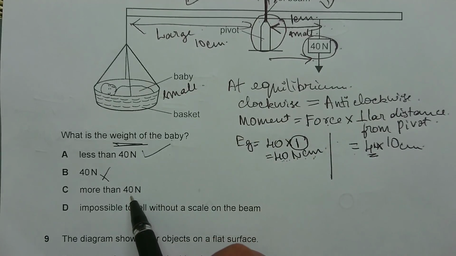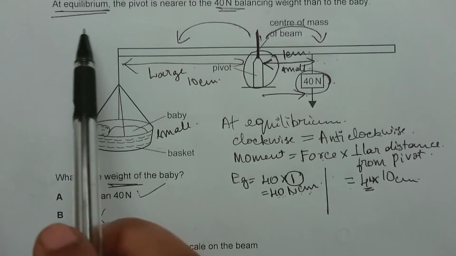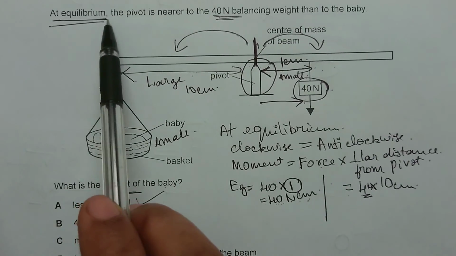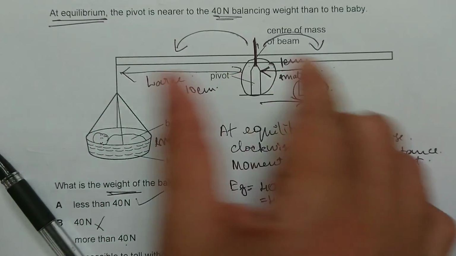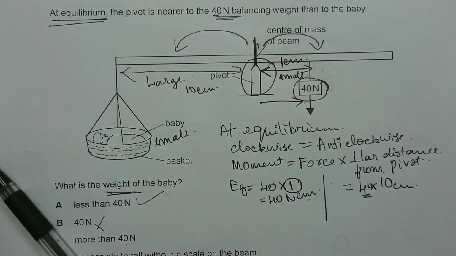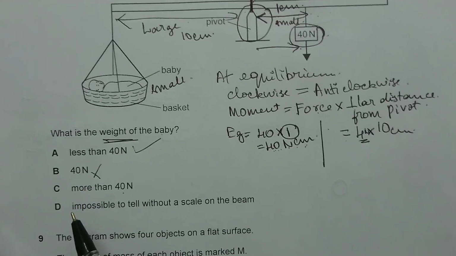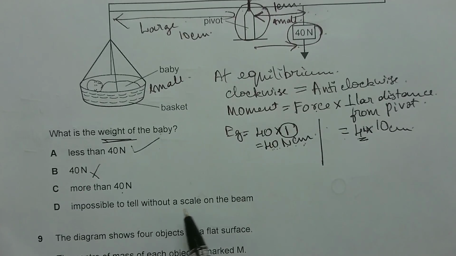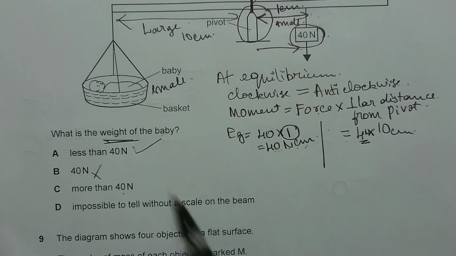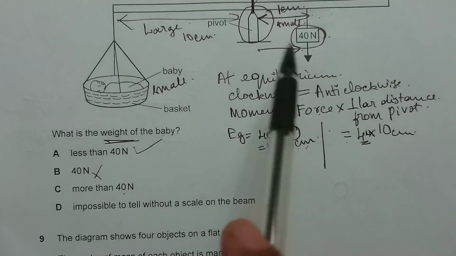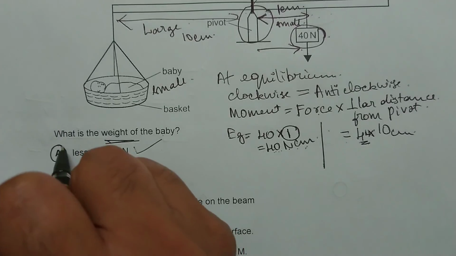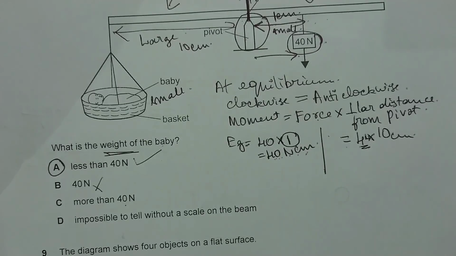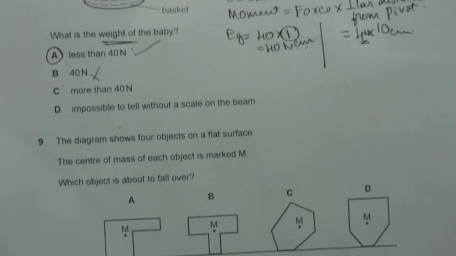More than 40 Newton, not possible, because they are saying that at equilibrium, clockwise and anti-clockwise must be the same. Okay? The fourth one, impossible to tell without the scale on the beam. No. This is just estimation. Therefore, this is the correct option. That is less than 40 Newton. Next question.